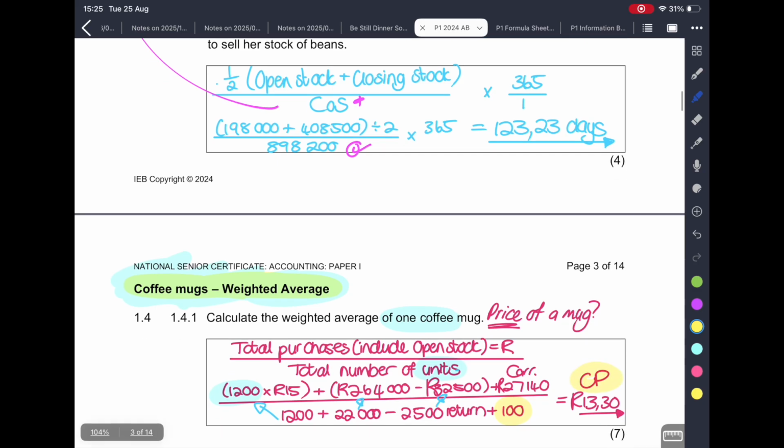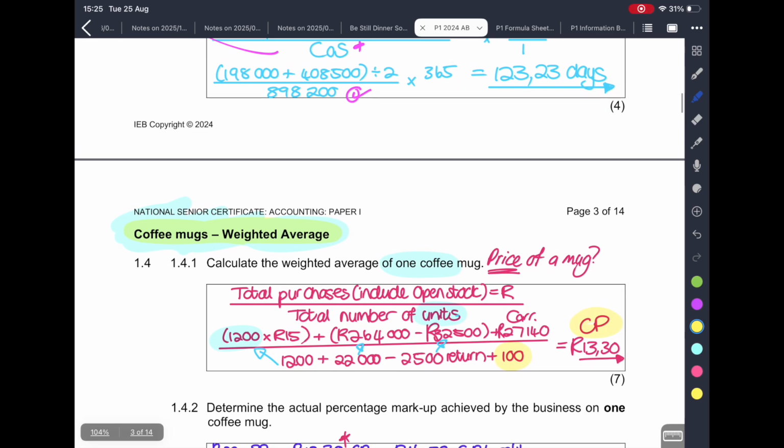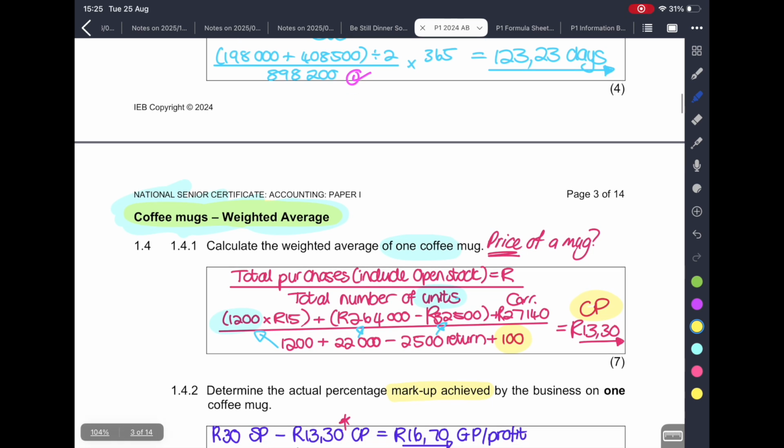Lekker cheap mugs. Now they want you to calculate the markup that you achieved, because you do know what you sold them for. They told you that you sold them for 30 Rand. So you're going to take the 30 Rand minus this cost price that you just calculated here at the top. So it's sitting right there. And then you've got your gross profit.